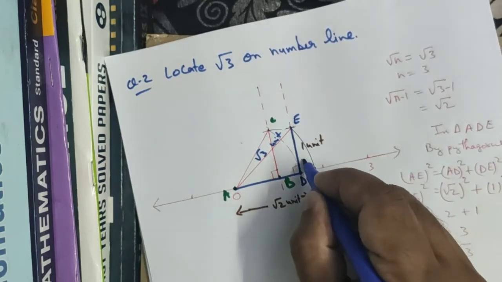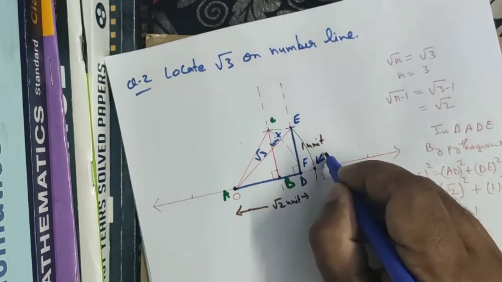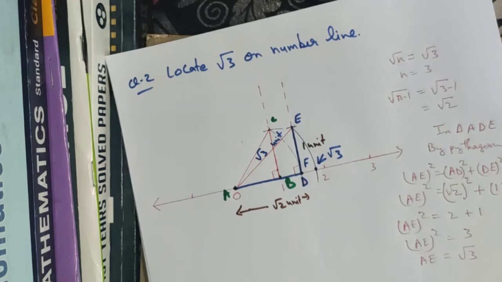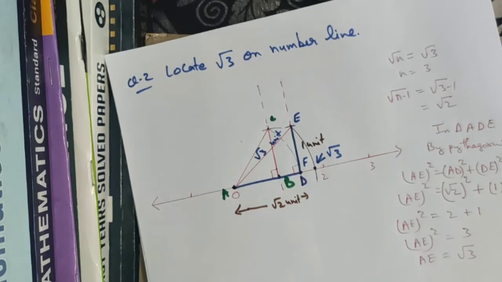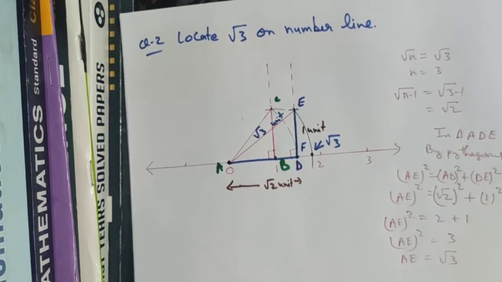Let's name this as F. Then this point F will be what? Under root of 3. Okay, hope you have understood this question.